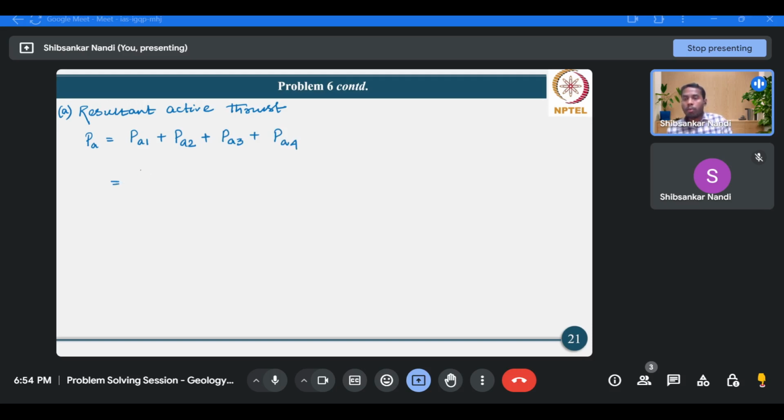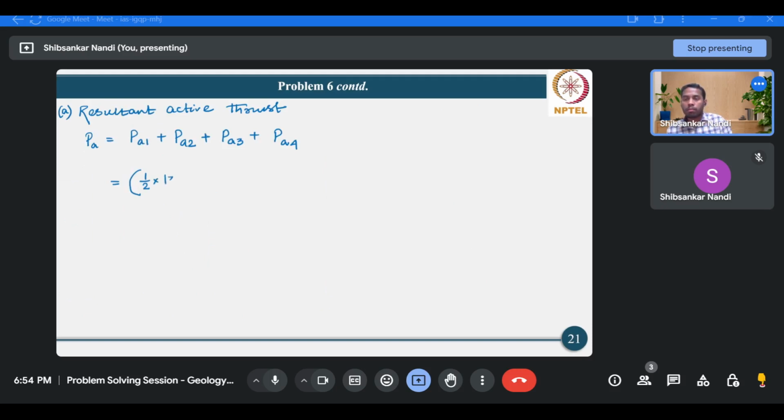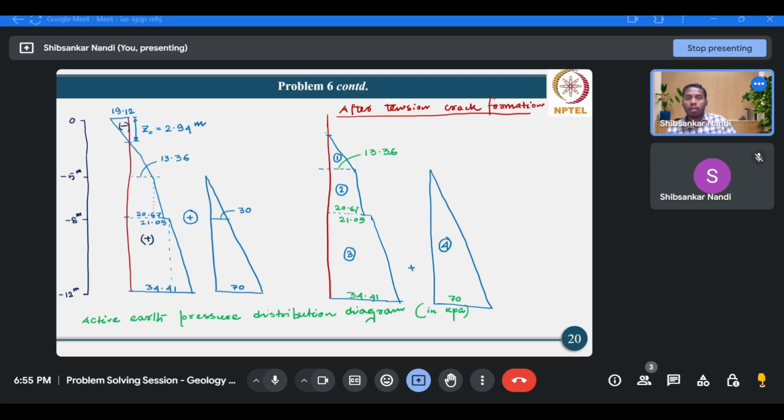Now what's PA1? It's half into 13.36 into 5 minus 2.94, because this is your Z0, this is up to 5, so 5 minus Z0 will give you the height of this triangle.